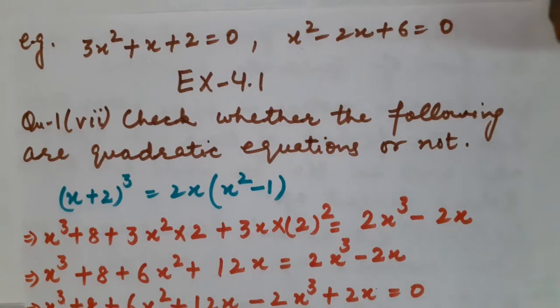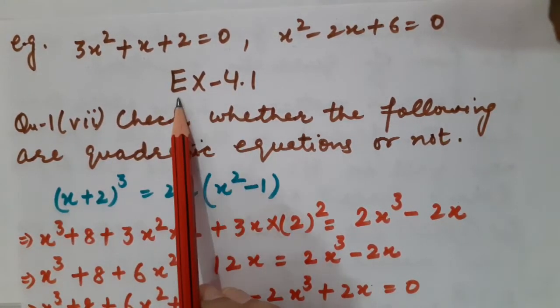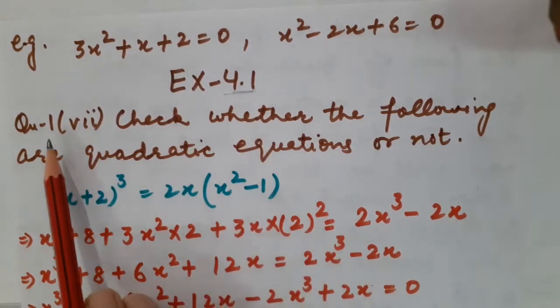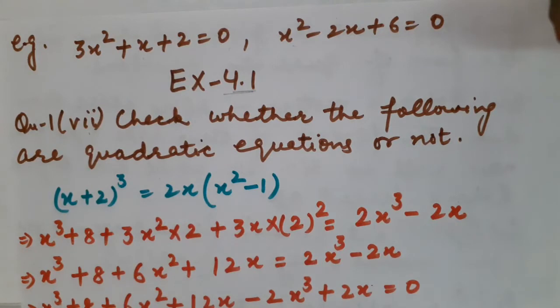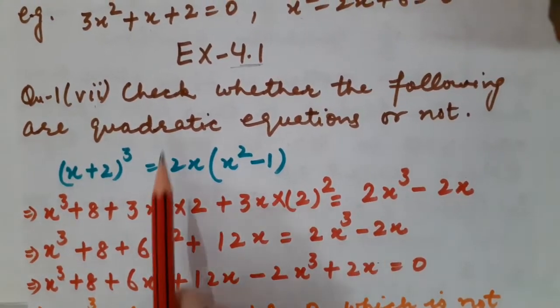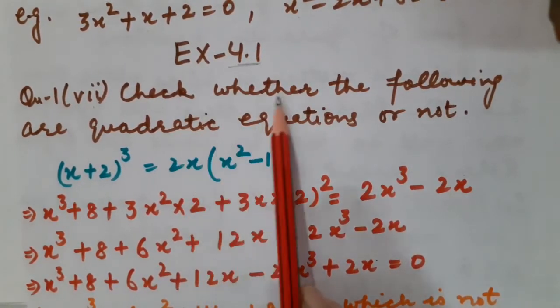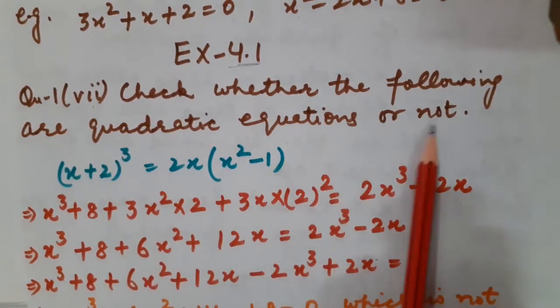Fine. So for better clarity of the concept, I am going to take exercise 4.1 question number 1, 7th part. In complete question number 1, basically there are a total of 8 parts. So I have picked the difficult one for you. In all the 8 parts, we have to just check whether the given equations are quadratic equations or not.